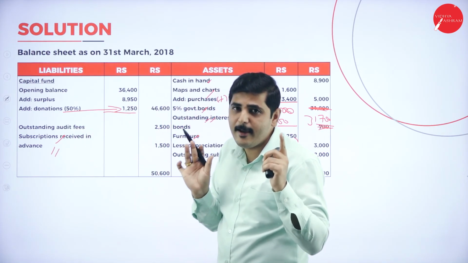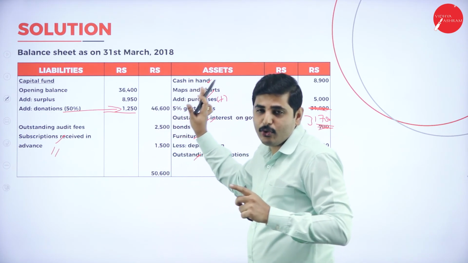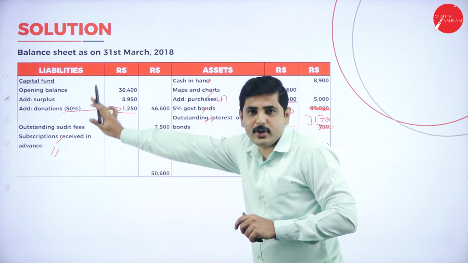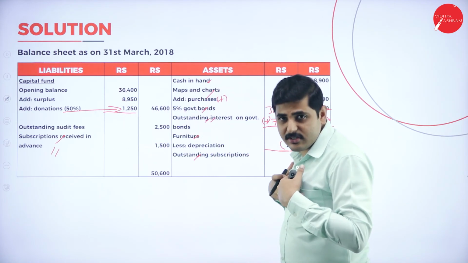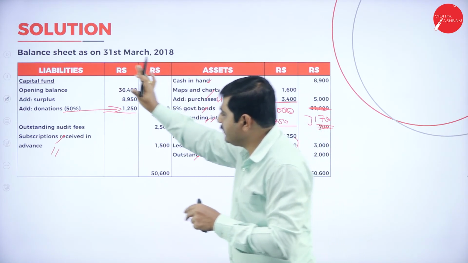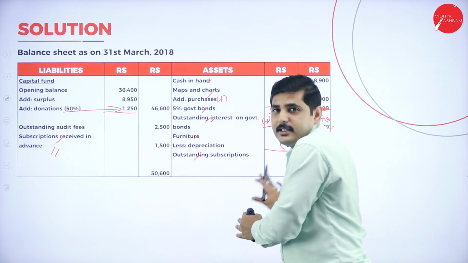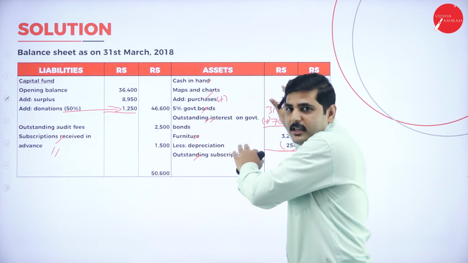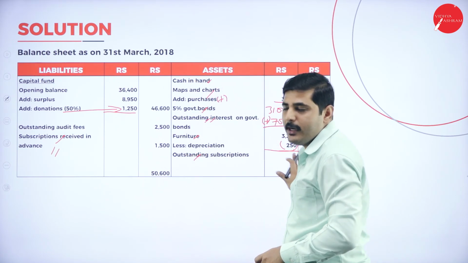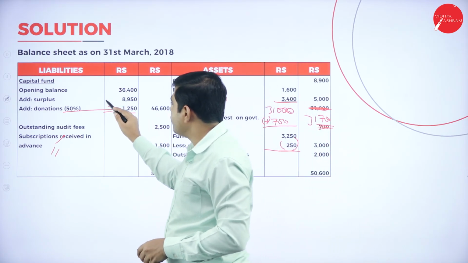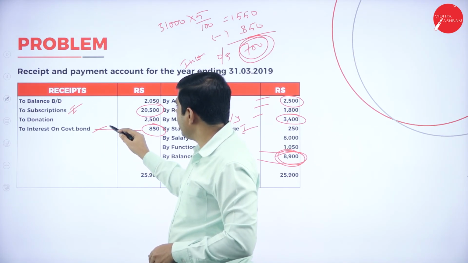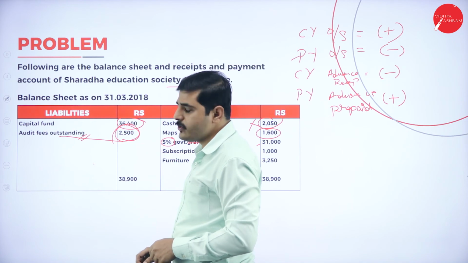This is the actual concept of the balance sheet. Ultimately the funds belonging to others and the funds belonging to us should be equal, because using this amount we have purchased all these assets. So, the opening capital fund is given as 36,400.